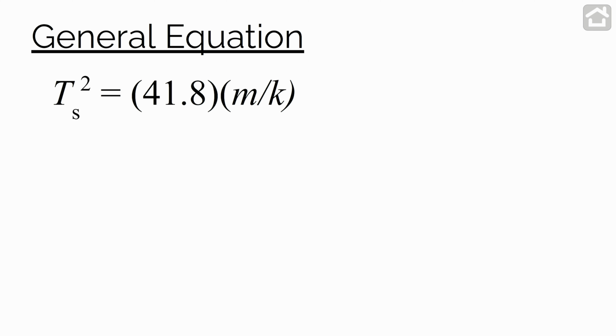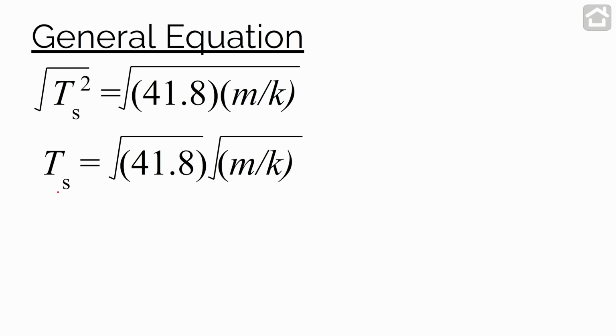So let's look at our equation. We get 41.8 times the mass divided by the spring constant is equal to the period of our spring mass system squared. Well, let's get a general equation not just for the period squared, but for the period. So we want period equals something. I'm going to take the square root of both sides.